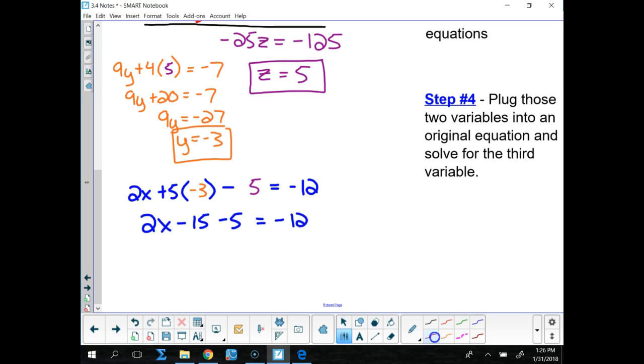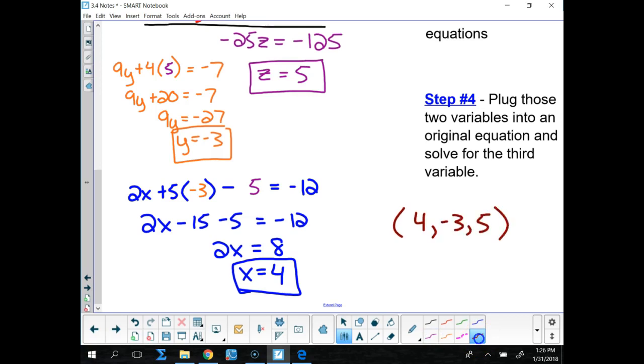Add 20 to both sides, because -15 minus 5 is -20. That gives me x then is 4. Now we can write our answer as an ordered triple, 4, -3, 5.